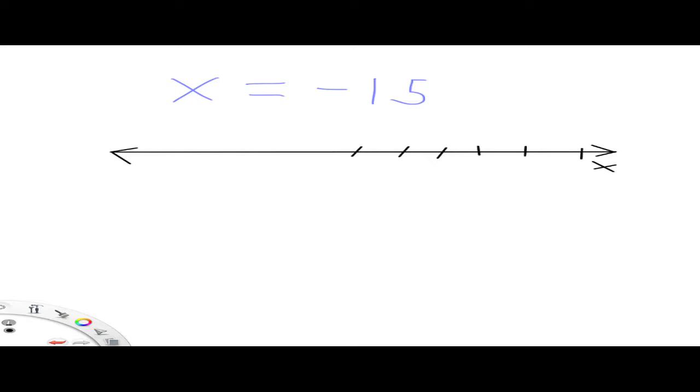So if this is 0, this will be -5, -10, -15, -20, and that's 5. I'm going to go by 5s, and so at -15 is my point. This is x equals -15 on a number line. So we can do that. I think we've seen that before. Now let's look at graphing x equals -15 in a Cartesian coordinate plane.